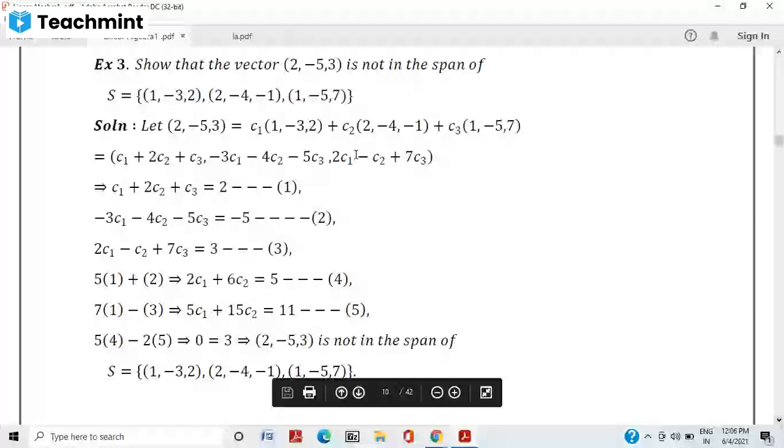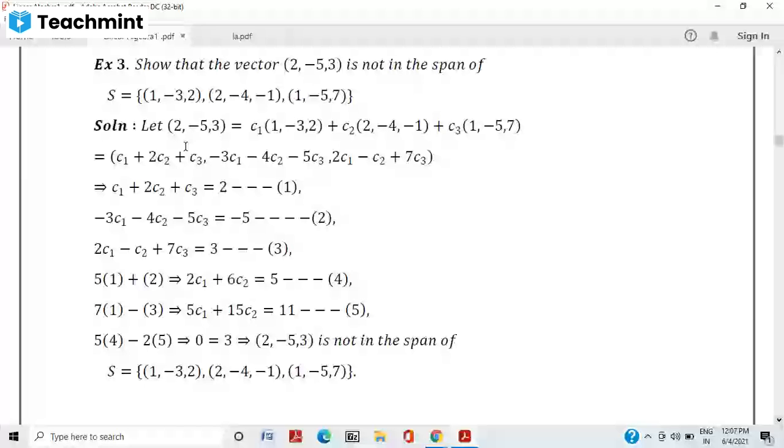You have to add the first vector. Then what we get: C1 plus 2C2 plus C3, first element. Second element is minus 3C1 minus 4C2 minus 5C3. Third element: 2C1 minus C2 plus 7C3.